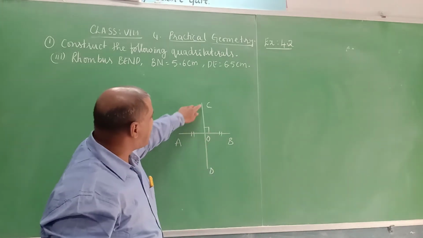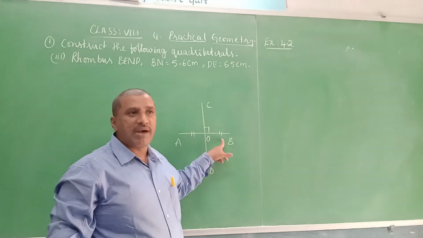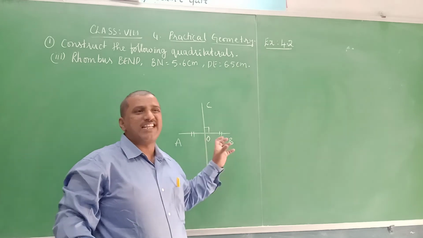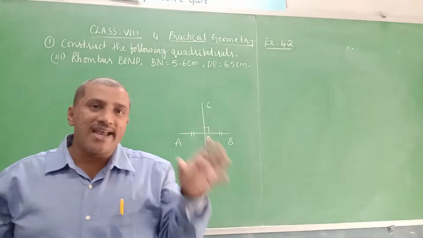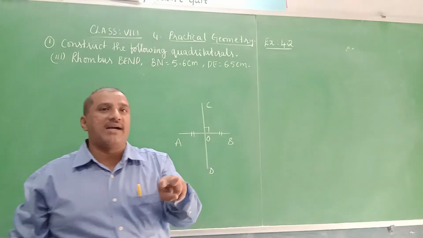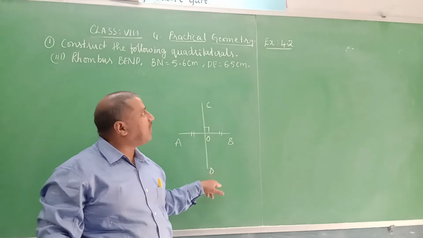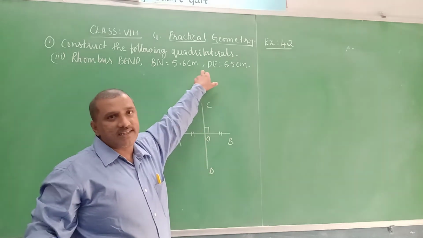Then we can say that CD is the perpendicular bisector of AB. We use this concept in constructing this rhombus.